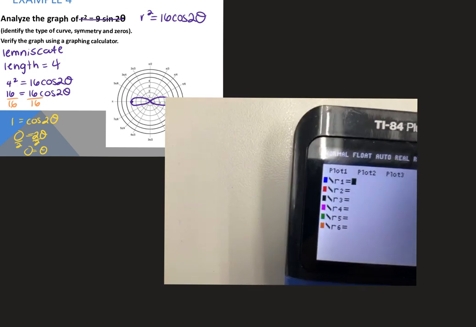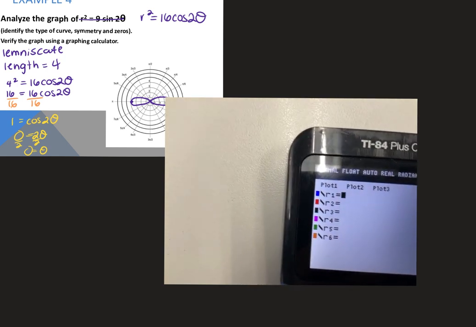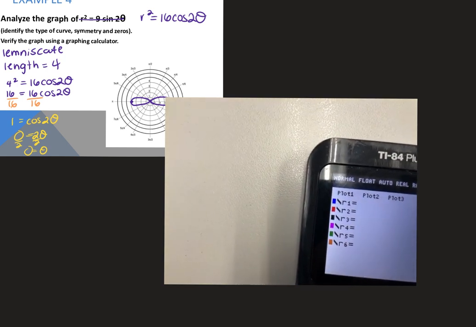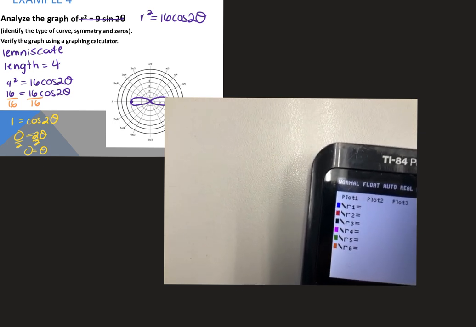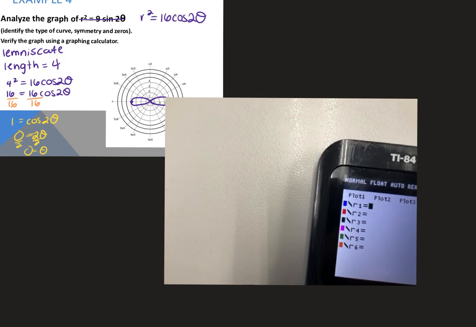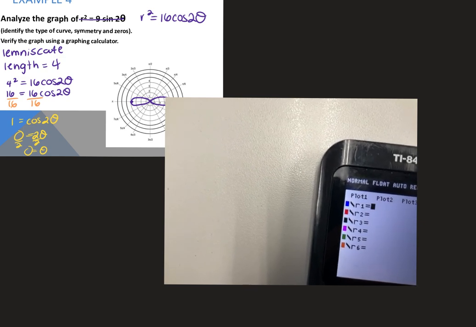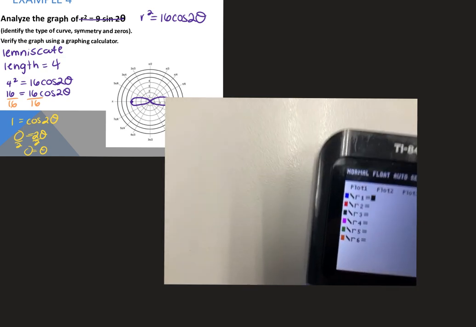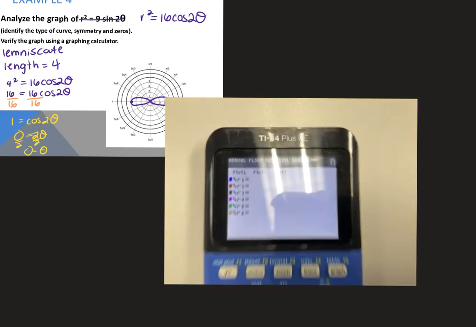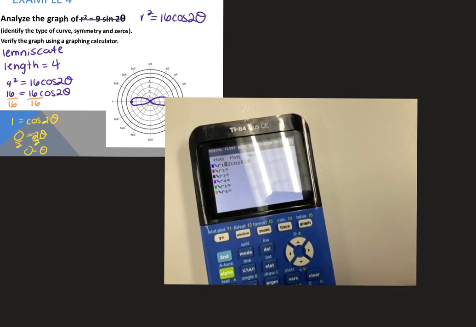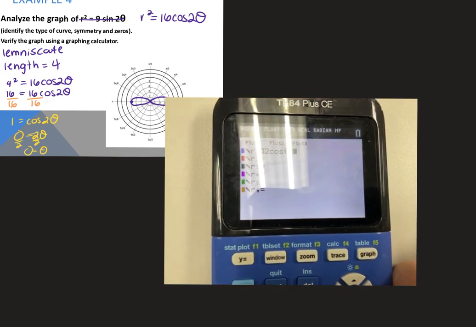So now it's already telling you it knows this is in polar. I'm going to graph first a rose, and then we'll talk about the lemniscate. The rose we just graphed was 2 cosine 2 theta. I'm going to type that in. Theta is the variable button.